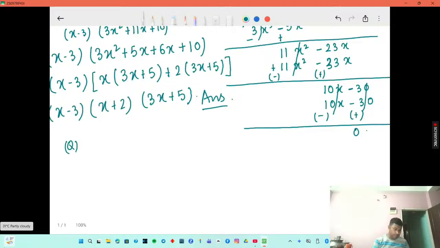The expression is given as 3x cubed plus 10x squared plus x minus 6. So first we have to use the remainder theorem to factorize this given equation. Is it okay? So now can you help me to solve this problem?